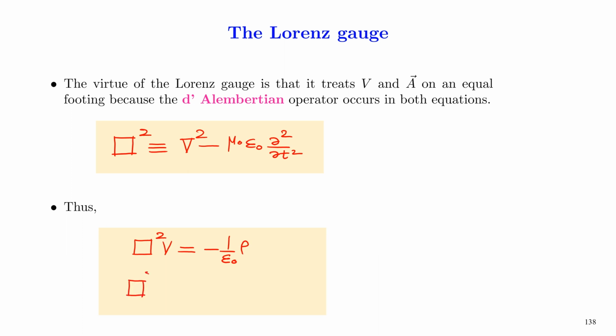For the magnetic vector potential, box square A equal to negative mu 0 times j. That is, the Lorenz gauge treats V and A on an equal footing. And using the D'Alembertian, we can represent the vector and scalar potentials in a rather simple manner.